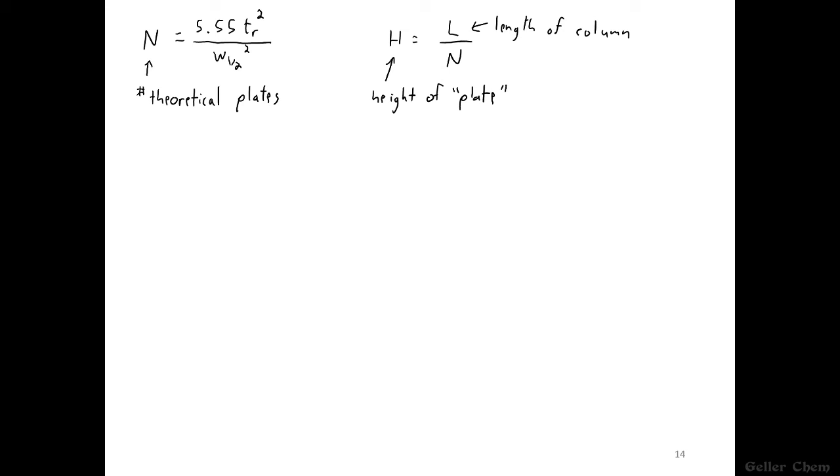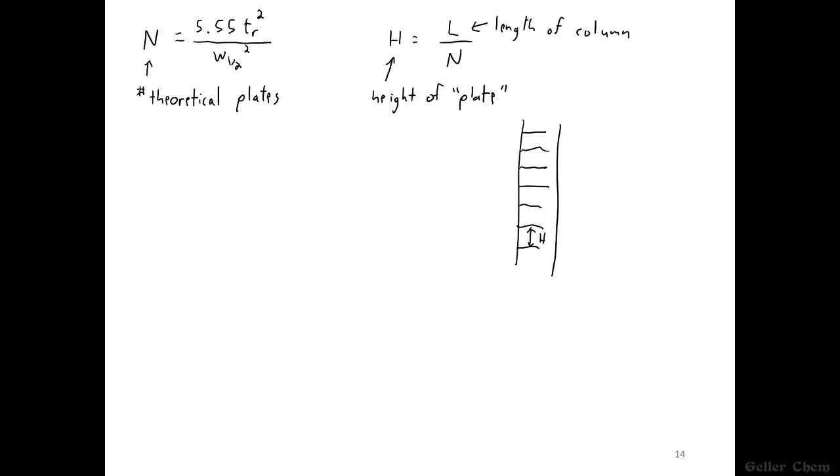And what I mean by that is if we actually had a column that was literally full of these different plates that are used to separate our chemicals, and again, I can't stress this enough, these don't actually exist. They existed in those older tools, and we just refer to our new chromatography columns as if they were present, but they aren't. But if they were present, H would represent the height or the distance between those plates.